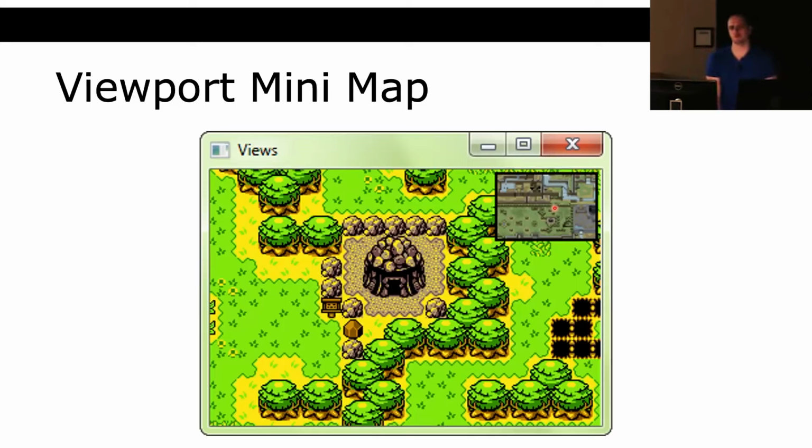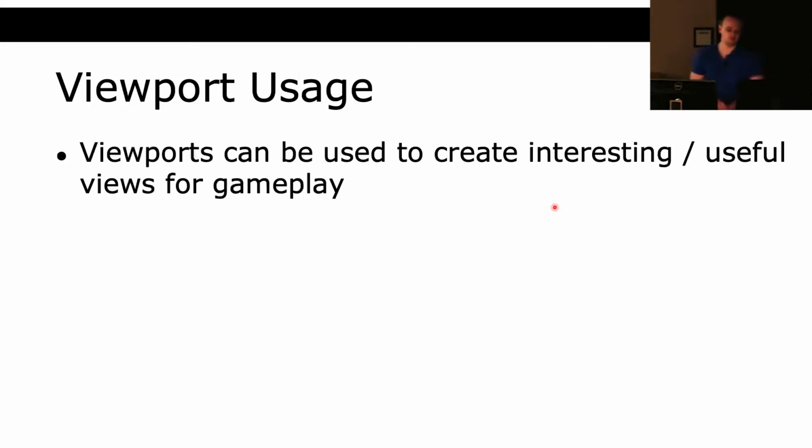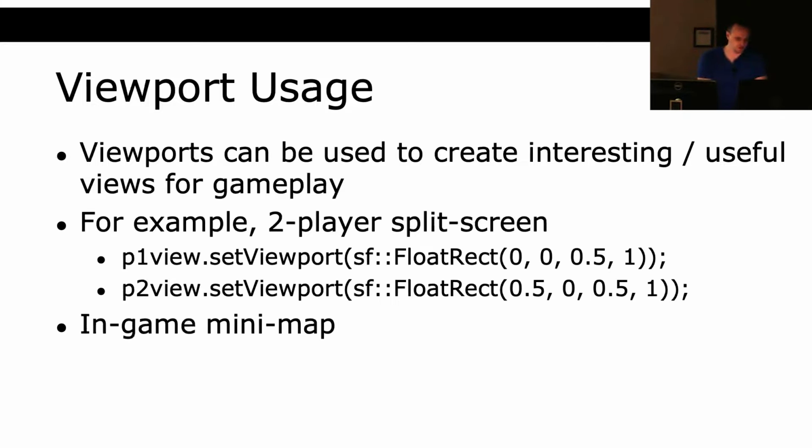That was one of the suggestions that I had. So viewports can be used to create really interesting and useful views for gameplay, and it's cool because that's one of the things that we want this library to do, right? We just have a view, we have a viewport. I'm sure that you could all do the math yourselves to actually draw those pixels to the screen, but it's good that the rendering library has that done for us.